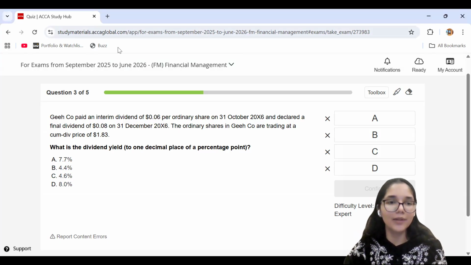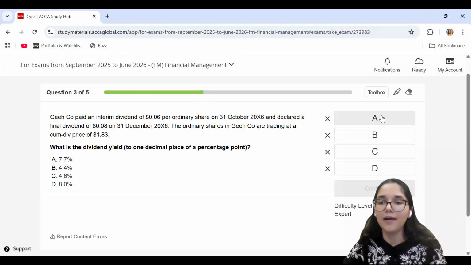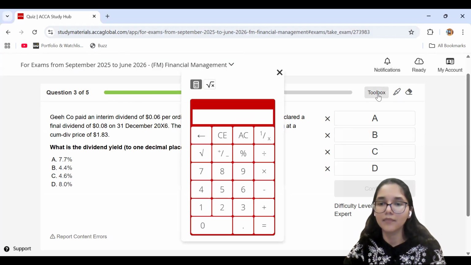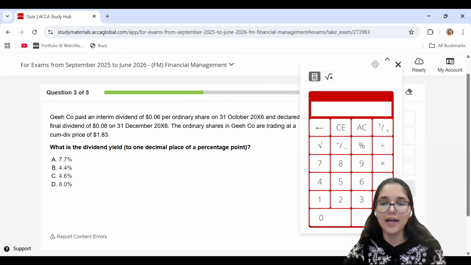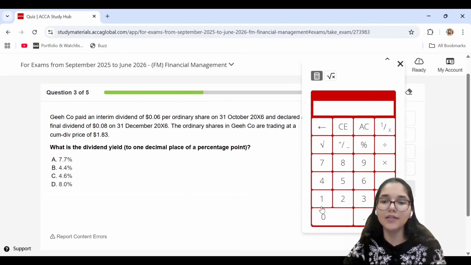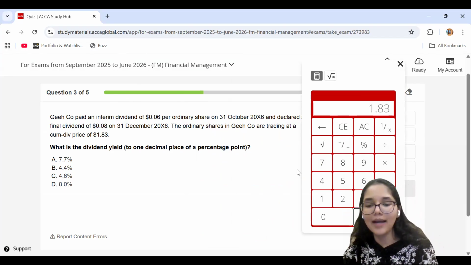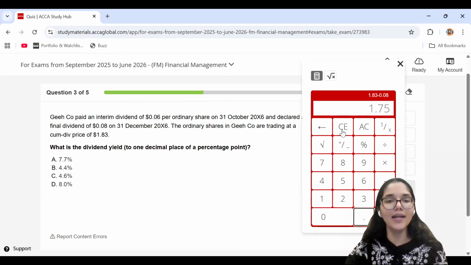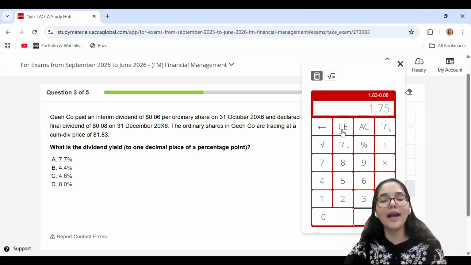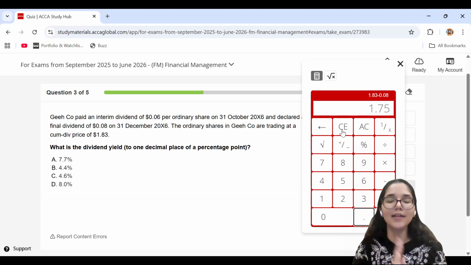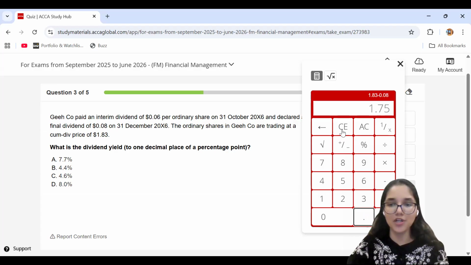So how will I be doing my working over here? If I have to show it to you on a calculator, the share price which is actually there is 1.83 minus 0.08. This is the share price that I will be using in my denominator. To calculate the dividend yield, the formula that we have learned is dividend upon the share price.